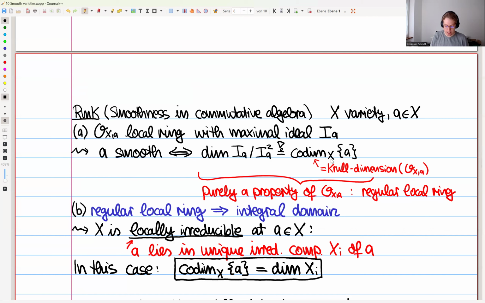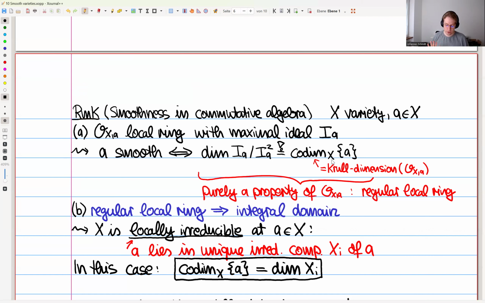Now this codimension here, I claim this is equal to the Krull dimension of this local ring. To see this formally, note how you would define this codimension: you look at chains of irreducible subsets of X containing A. For computing this codimension, we can just choose any affine neighborhood, so without loss of generality, we can say X is affine.